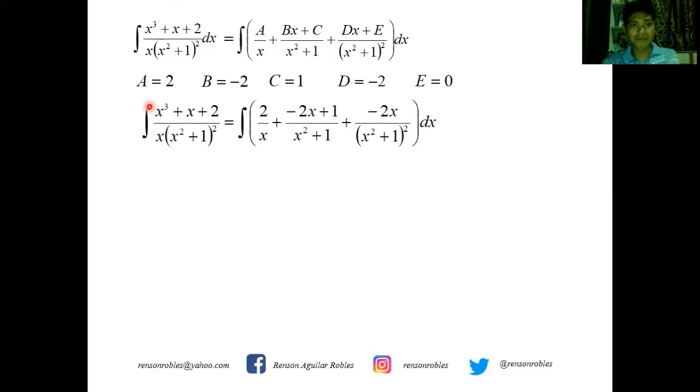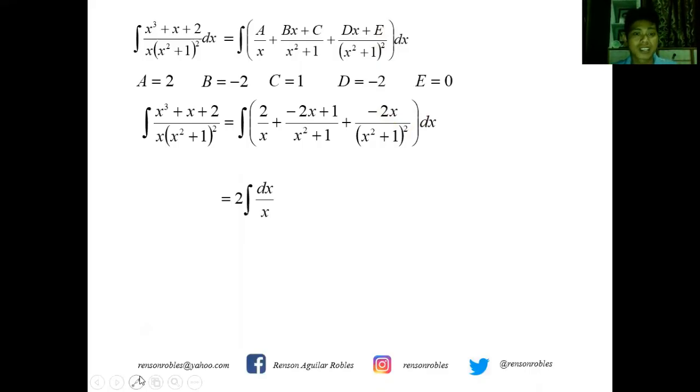So we have the integral of 2 over x, b is negative 2x plus c, which is 1, all over x squared plus 1, plus dx, d is negative 2, negative 2x, plus e, which is equal to 0. So we have the integral of 2 over x plus negative 2x plus 1 all over x squared plus 1, and then plus negative 2x all over x squared plus 1 to the second power dx.